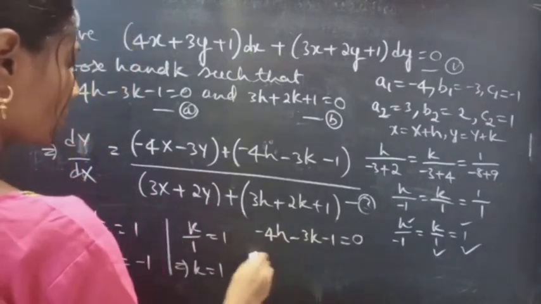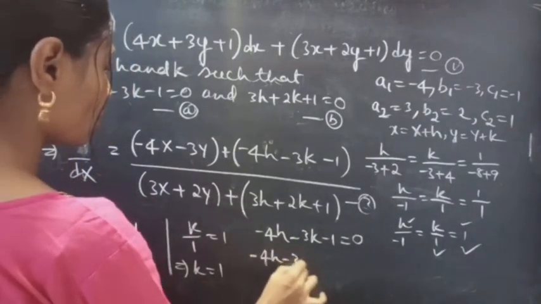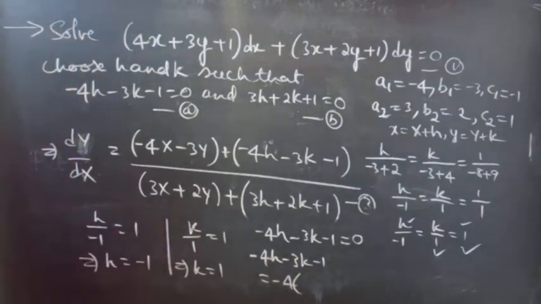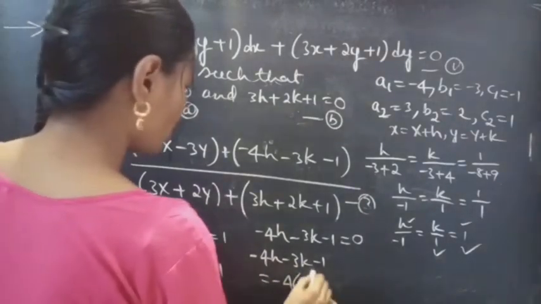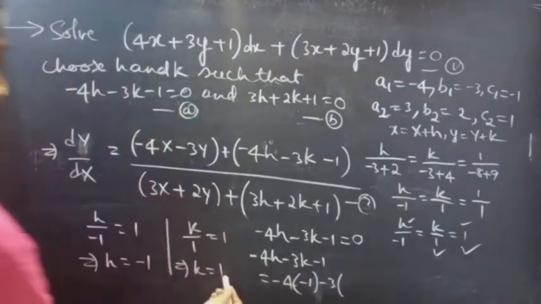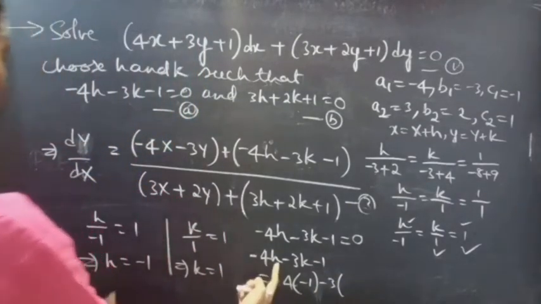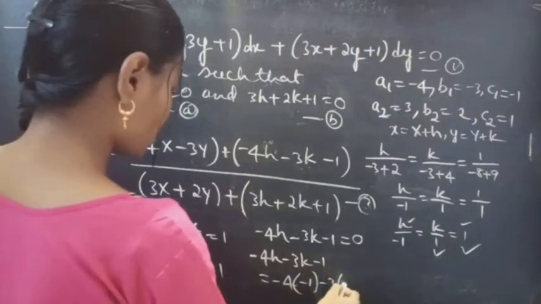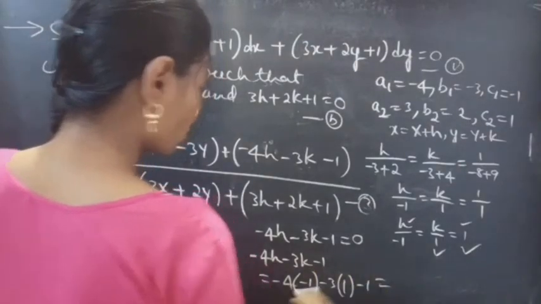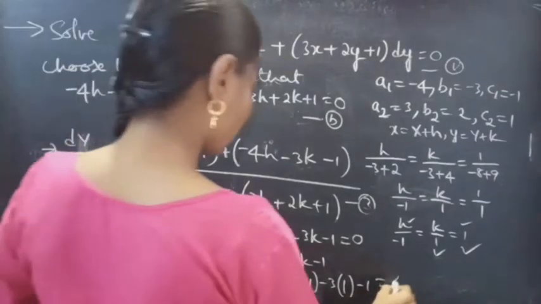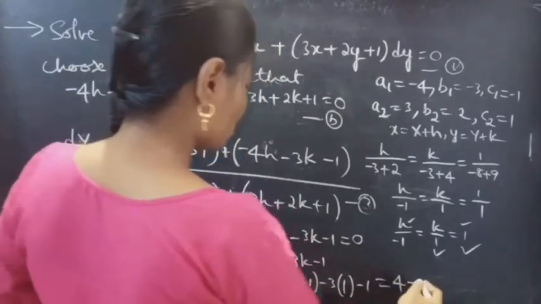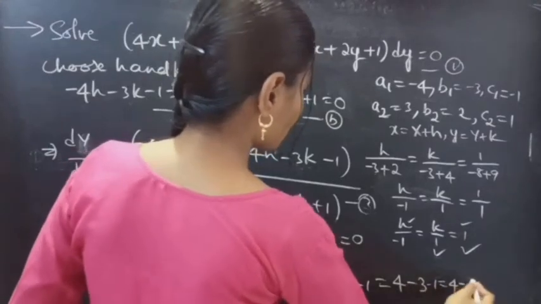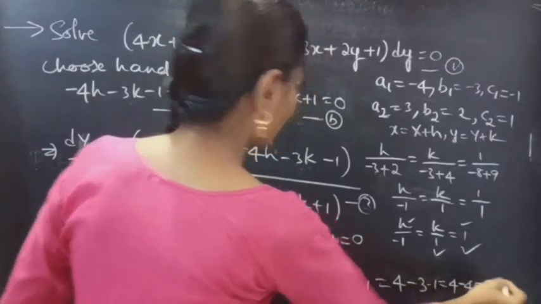Consider the LHS part: minus 4h minus 3k minus 1, which equals minus 4 into the value of h, minus 1, minus 3 into the value of k, which is 1, minus 1. That equals minus 4 into minus 1 is 4, minus 3 into 1 is 3, minus 1, which equals 4 minus 3 minus 1, which is minus 4. 4 minus 4 is 0, right?